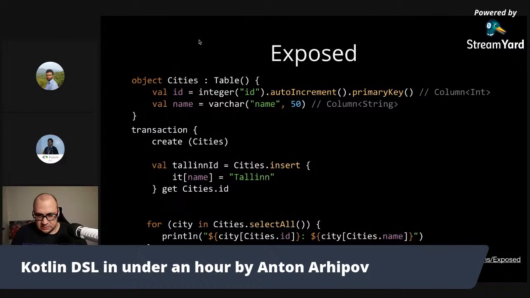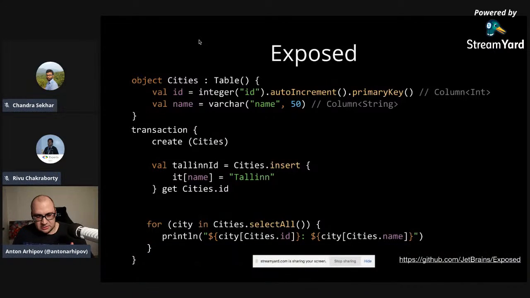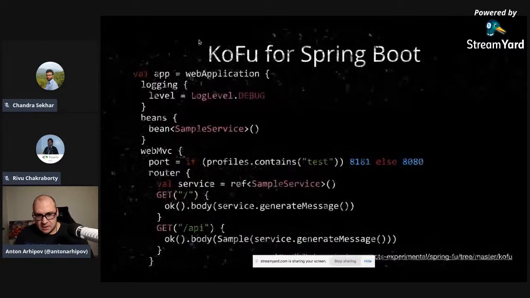There is an Exposed library which provides a DSL for working with databases. Like you see, there's a description of a table called cities. There is a transaction starting. We create a table cities. We populate the data. We query the data and print it out. Simple.